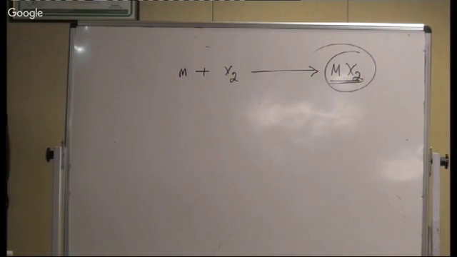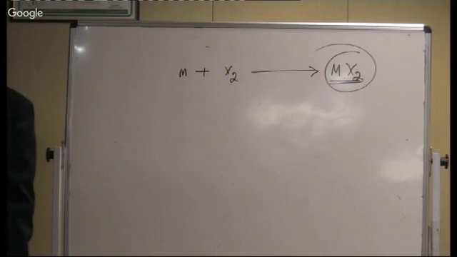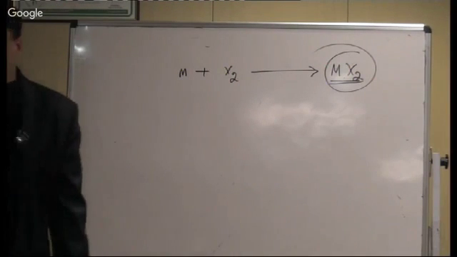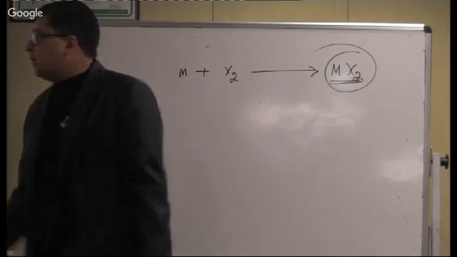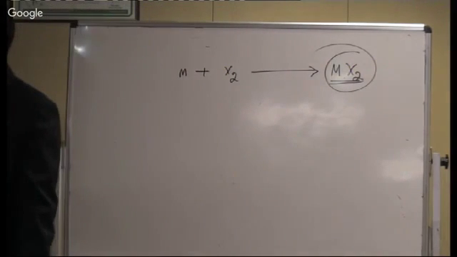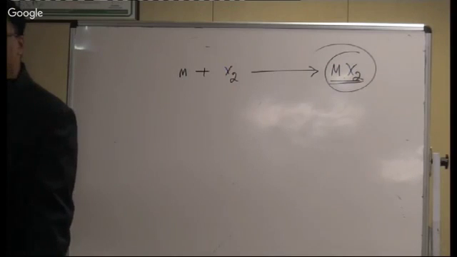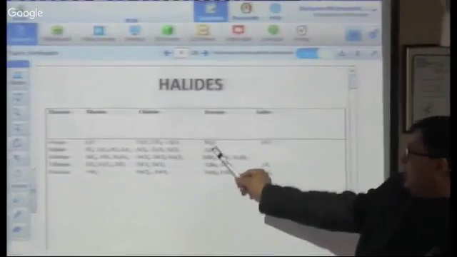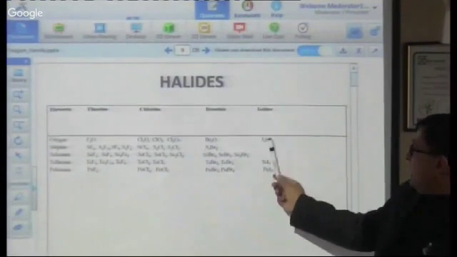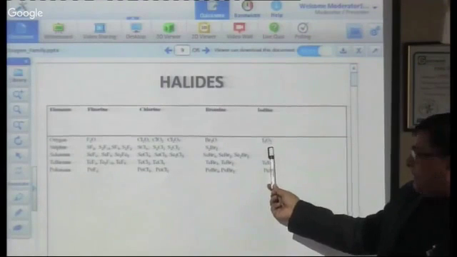Fluorine reacts with oxygen to give F2O. This is known as an oxide. Chlorine forms Cl2O3, ClO2, Cl2O7. These are the three oxides of oxygen with chlorine. With bromine only Br2O and with iodine I2O5.